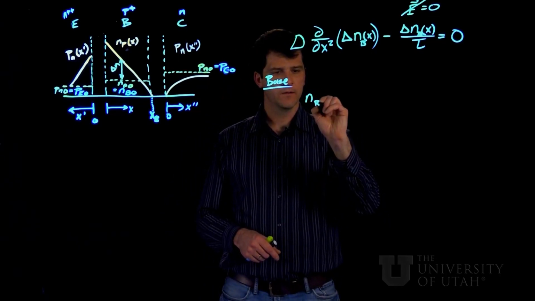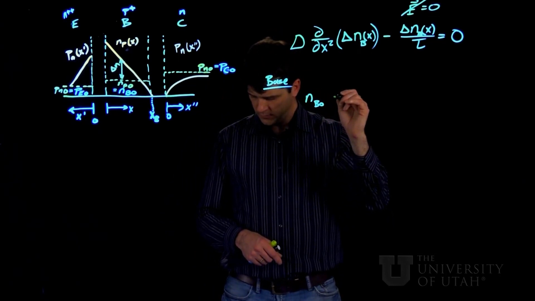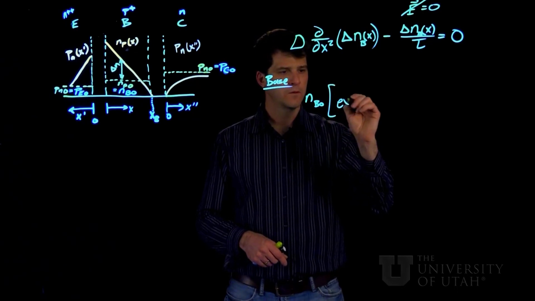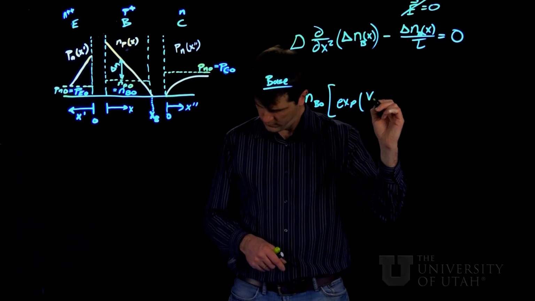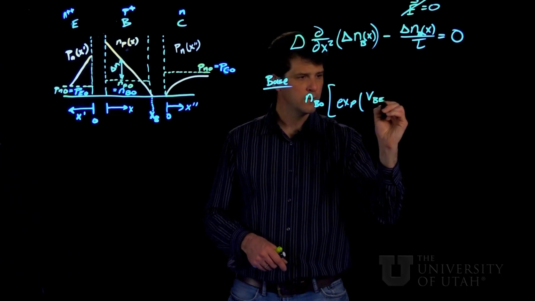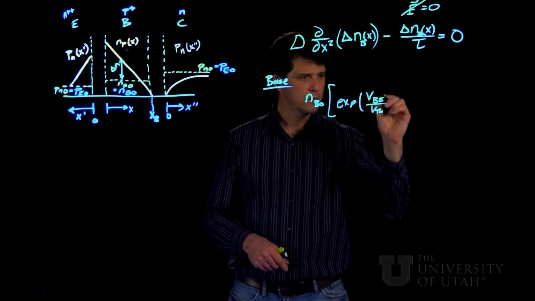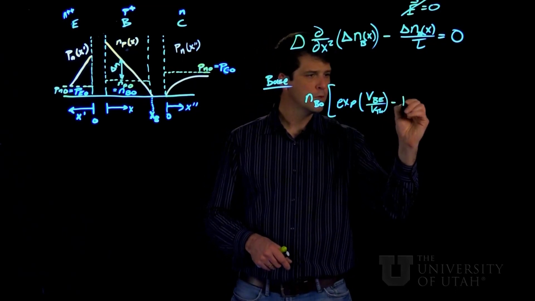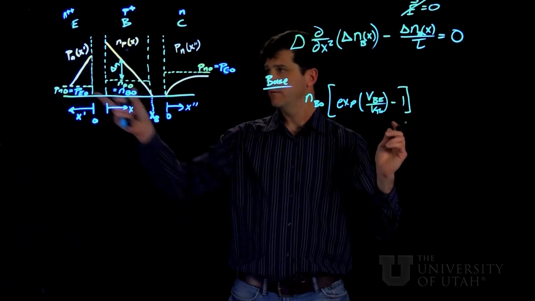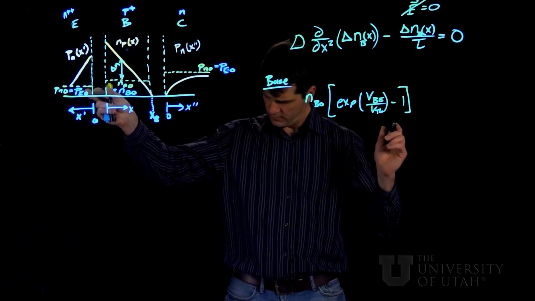So this is going to be N_B naught times e to the V_BE over V thermal minus 1. So this is the ideal diode equation for this p-n junction.